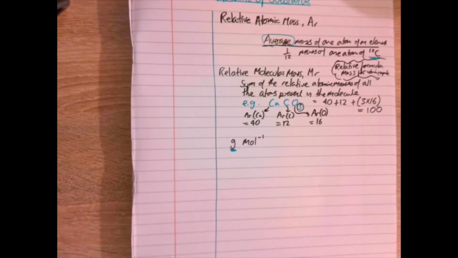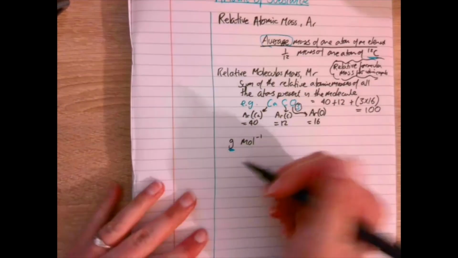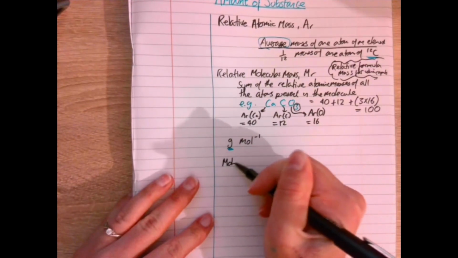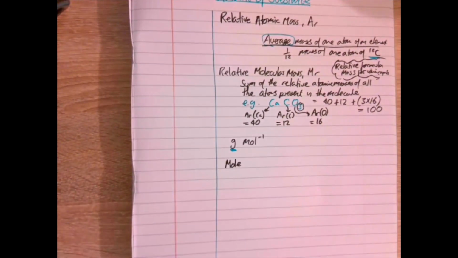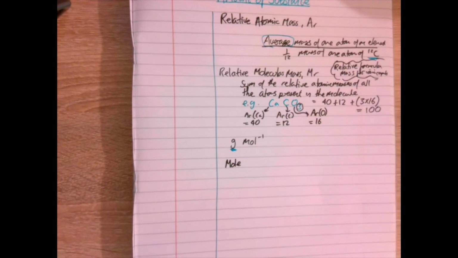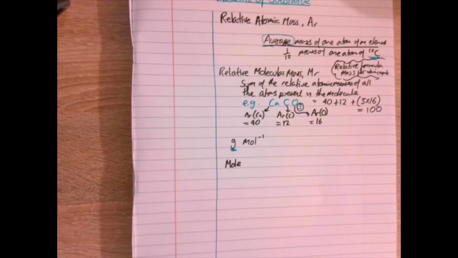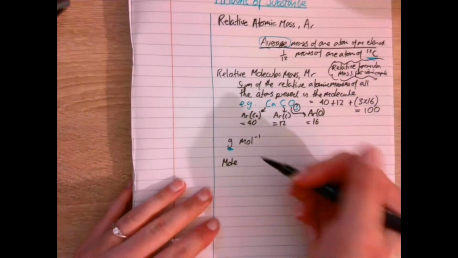I've already mentioned this word, but a mole is just a number of particles. Just like you might say a dozen is 12, a mole is 6.022 times 10 to the 23. So 1 mole just represents a larger number of particles.